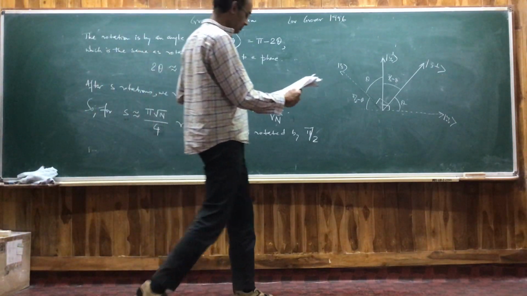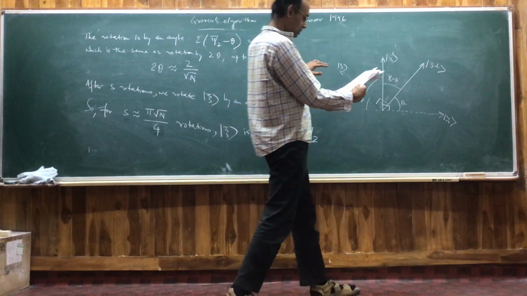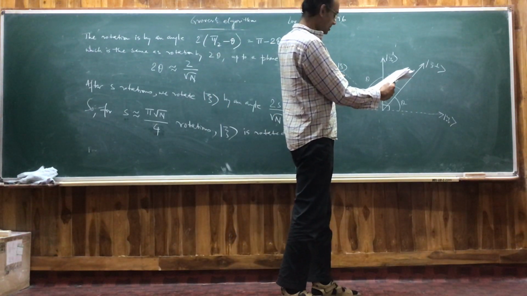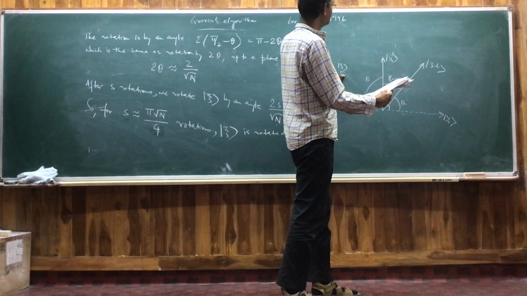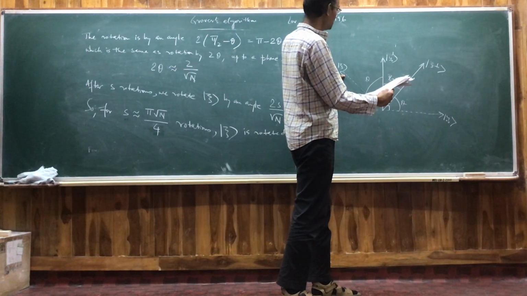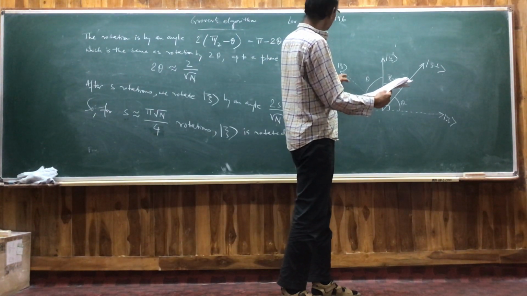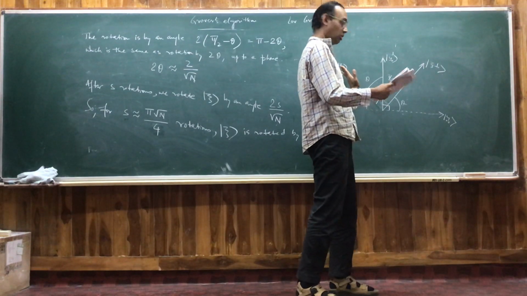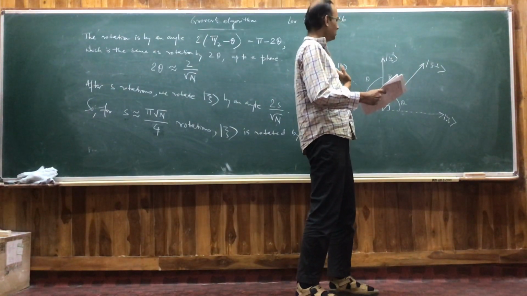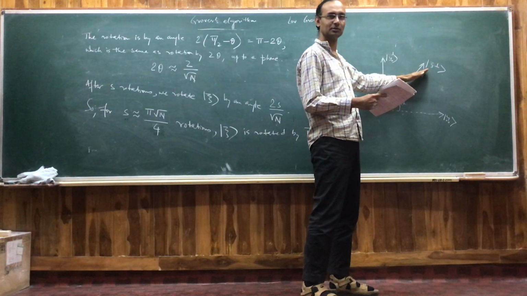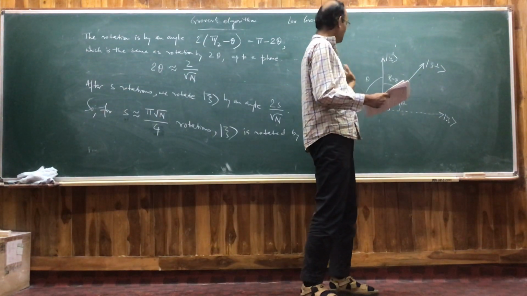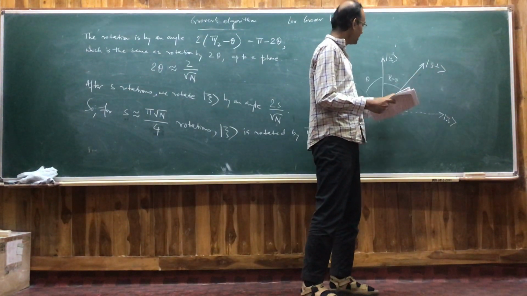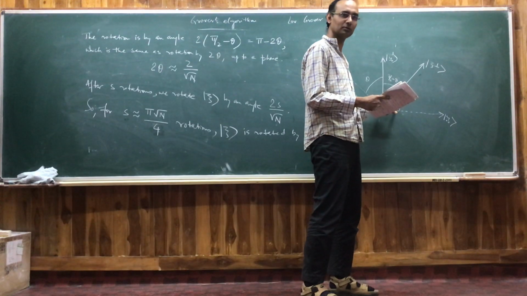Now, so what we are doing, we are rotating xi by an angle pi by 2, which on this plane, which is just the xi part. But then we had assumed this theta is very small.